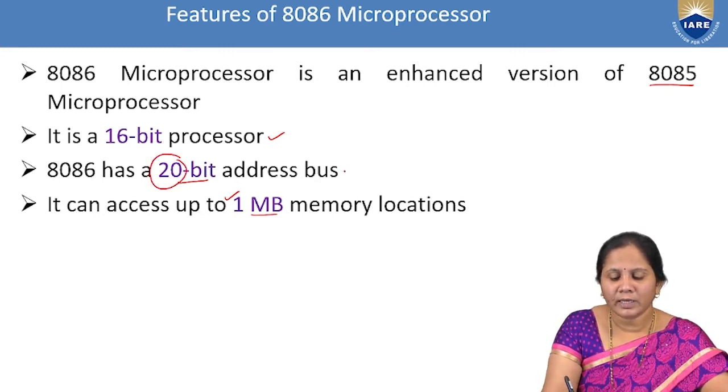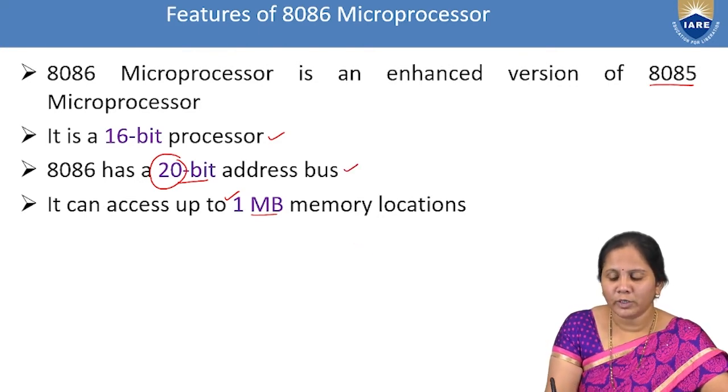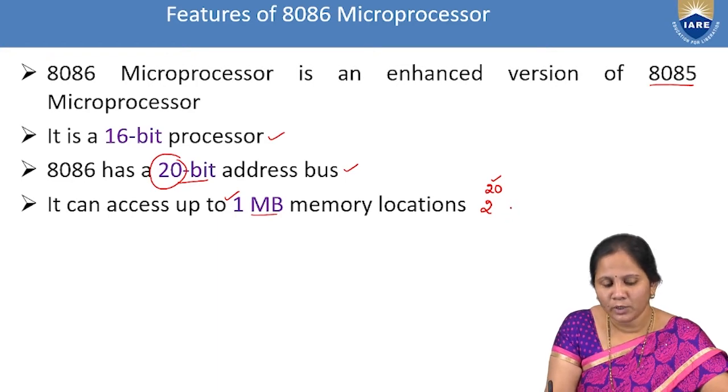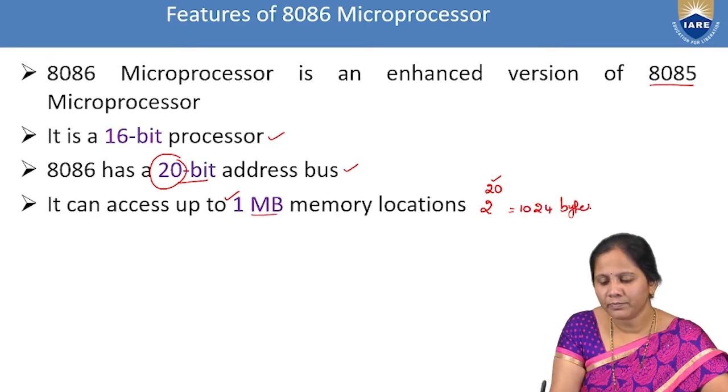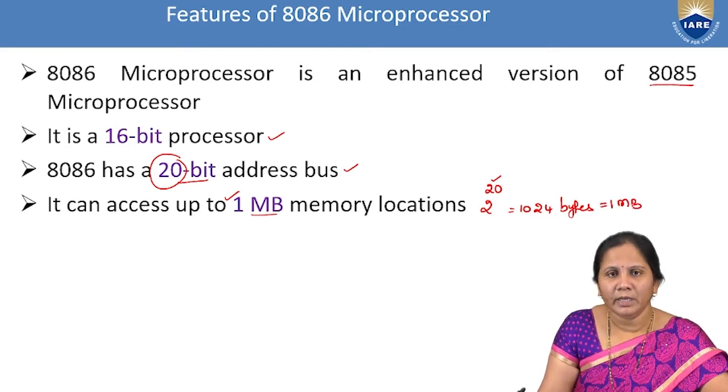Since the address lines are 20, to know the memory size you write 2 power 20, where 20 represents the number of address lines. The value of 2 power 20 is 1024 KB, which is nothing but 1 MB of physical memory.